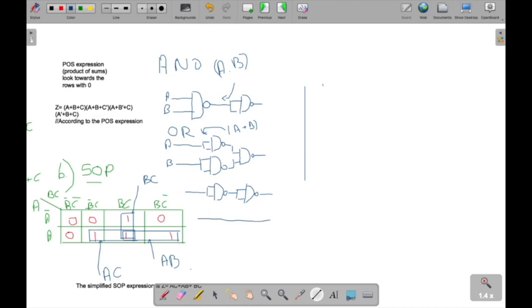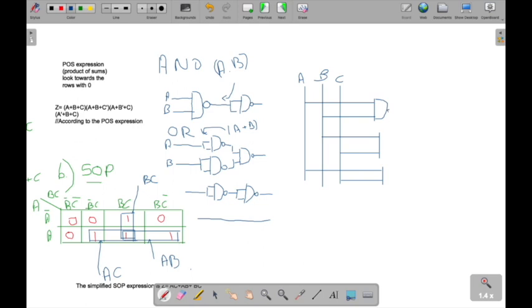The final part, this is A, this is B, this is C, right?